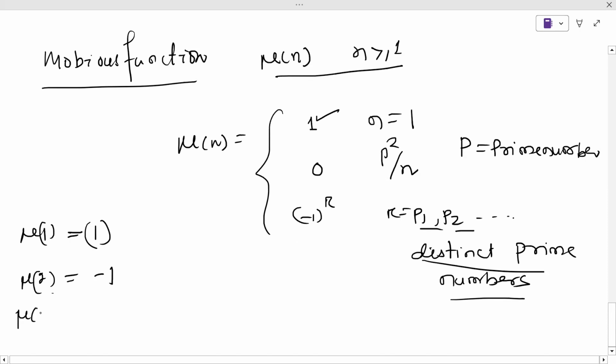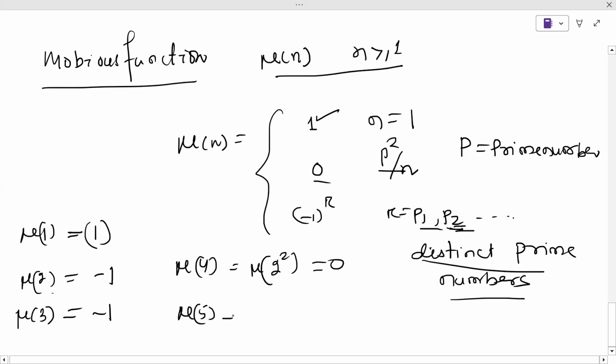Mu 3 is also a distinct prime number, so minus 1. Mu 4: 2 square, p square divides 4, so that is 0.